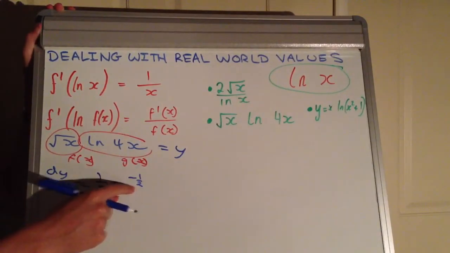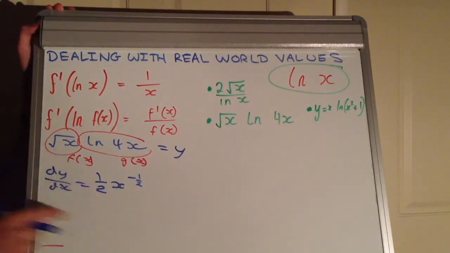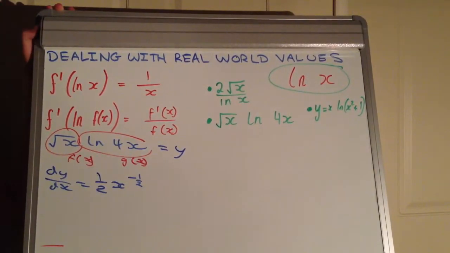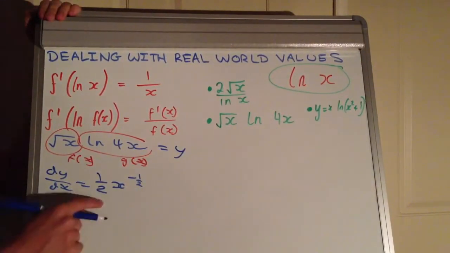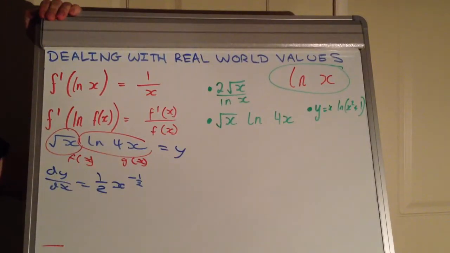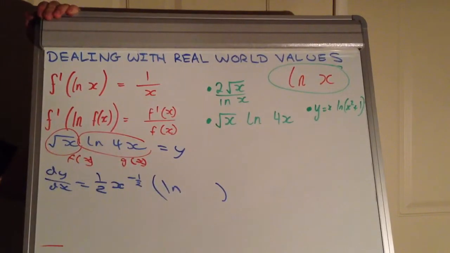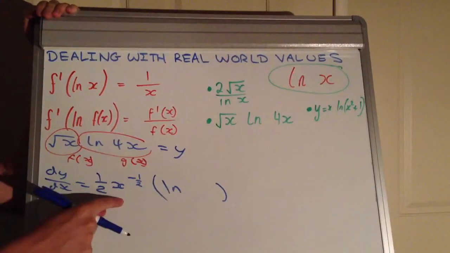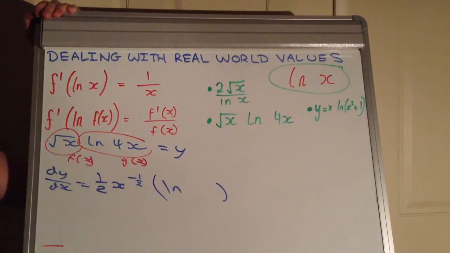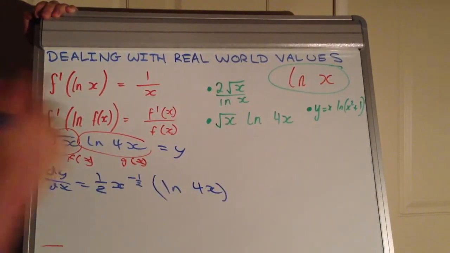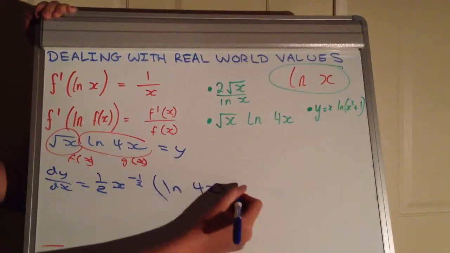We're bringing that down to the coefficient, and we have an imaginary 1 there, so it's 1 times a half, so it's half x, and then we subtract 1 from the exponent. Anyway, we multiply that by the g of x as is, because remember we take the f prime of x and we have the g of x. So g of x as is, and then we add on the g prime of x.